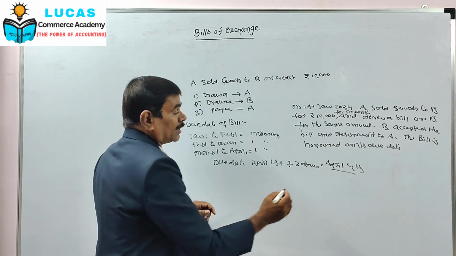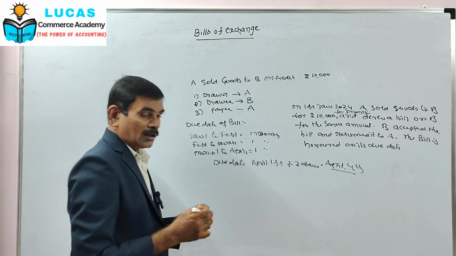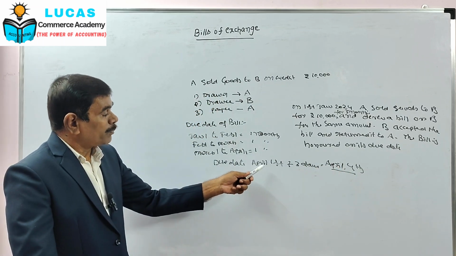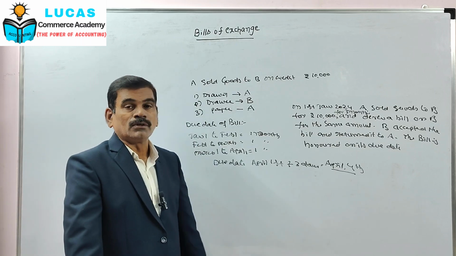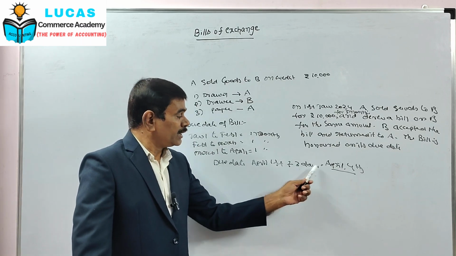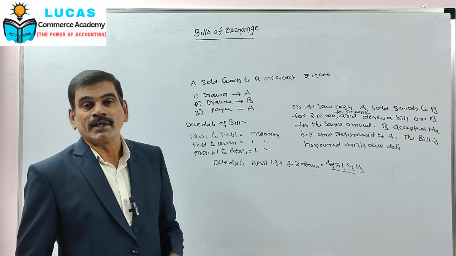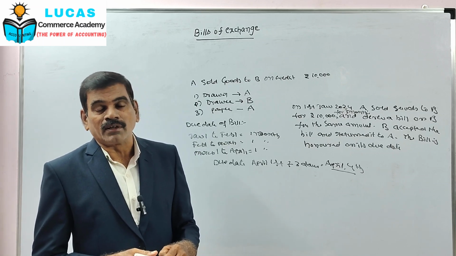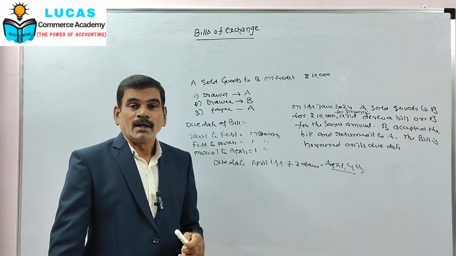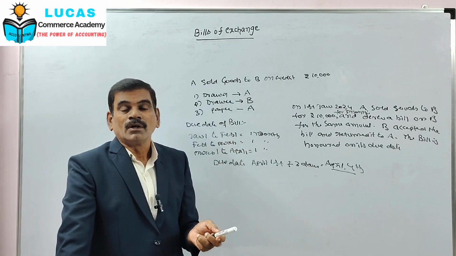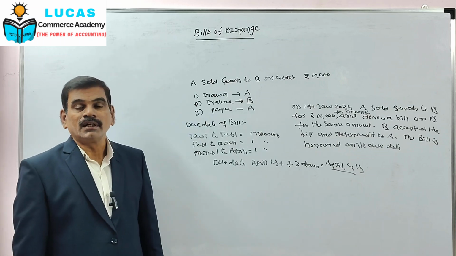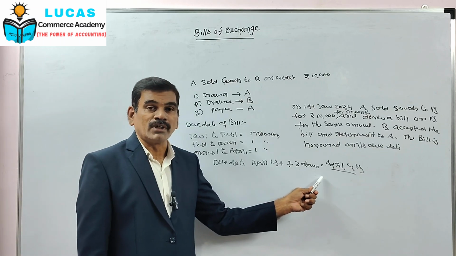Due date equals April 1st plus 3 days equals April 4th. These 3 days are known as days of grace. That means A is allowing 3 days to B for arrangement of funds. Hence, these 3 days are called days of grace.